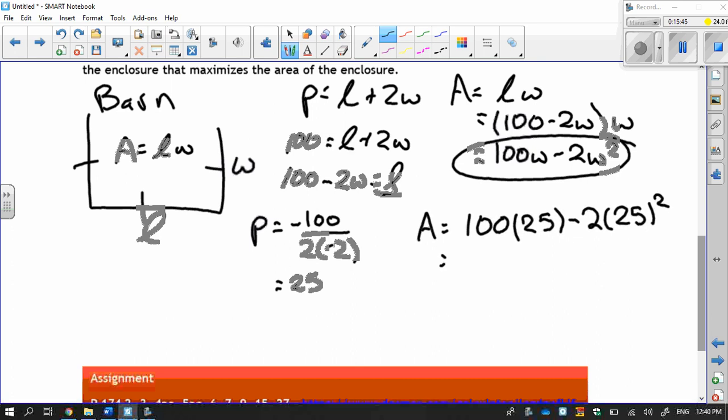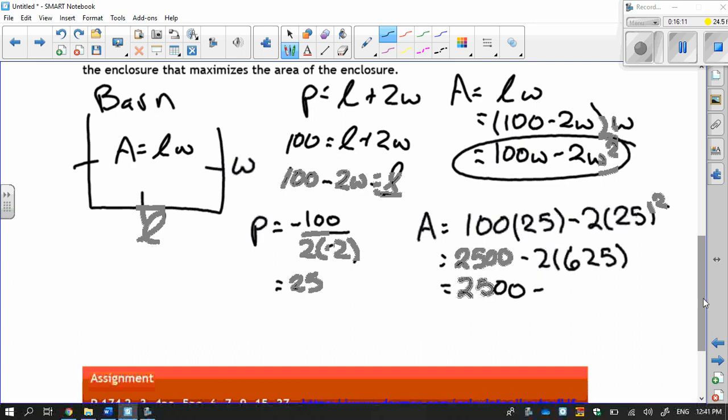So 2,500 minus, multiply that by 2, 1,250, and 2,500 minus 1,250 gives me my area. So that's my maximum area. Now you can go back and find out what your length is, but we have answered the question at this point. So this would be 1,250 meters squared.